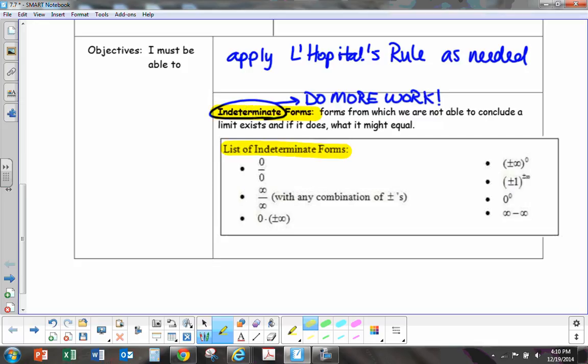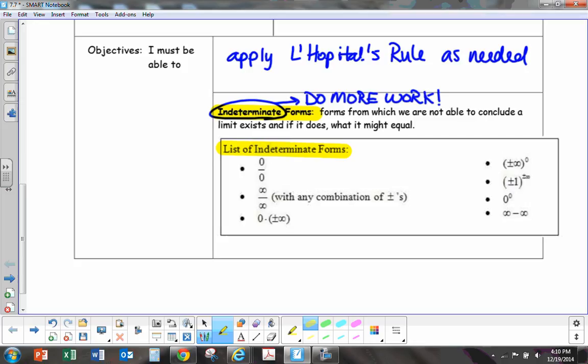So indeterminate forms, where you cannot just look at it as is and decide an answer. That happens when you get 0 over 0, infinity over infinity, with any kind of plus or minus combination. 0 times infinity or 0 times negative infinity.